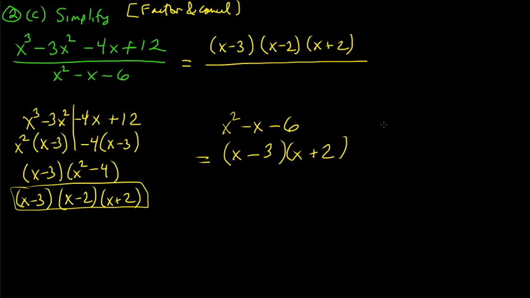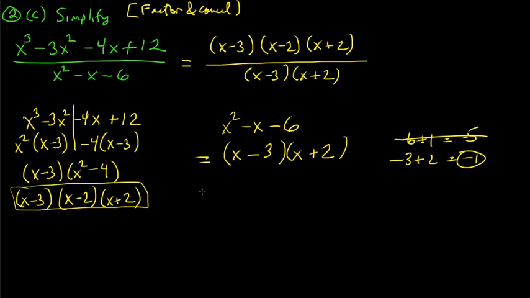There's really only 2 guesses here, negative 6 and 1, and negative 3 plus 2. So we're looking for negative 1. Oops, there's a negative 1 there, instead of negative 5. All right, so that's the denominator, x minus 3 times x plus 2. I think we're factored completely.